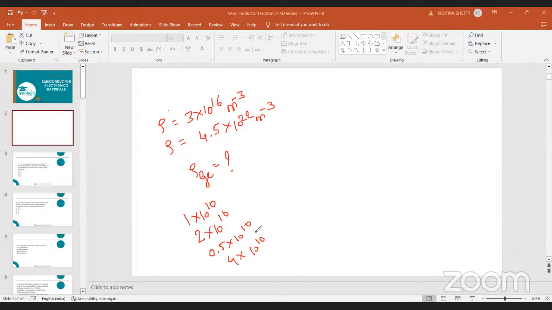So I'll repeat the question. The density of electron hole pair for the germanium is 3 into 10 raised to 8. Okay. Next, you are doing the doping by aluminium. The hole density increases to 4.5 into 10 raised to 22. Then, now what is the density of the germanium?